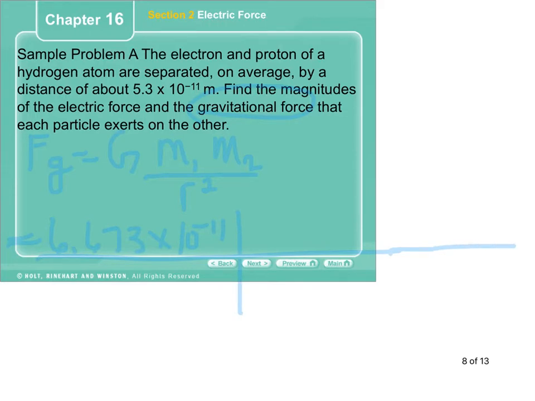Times mass 1, mass of either the proton or the electron, doesn't matter. I'm going to use the electron right now, 9.109 times 10 to the negative 31st times mass of the proton then is 1.673 times 10 to the negative 27th.